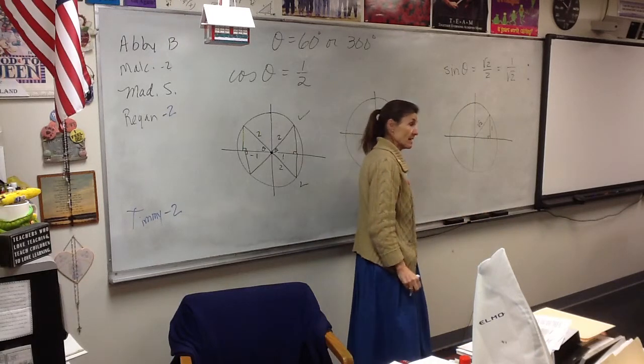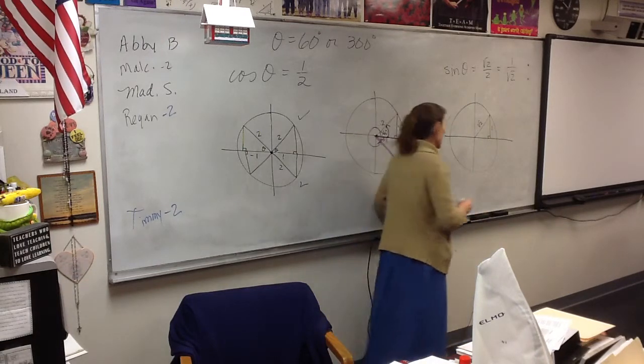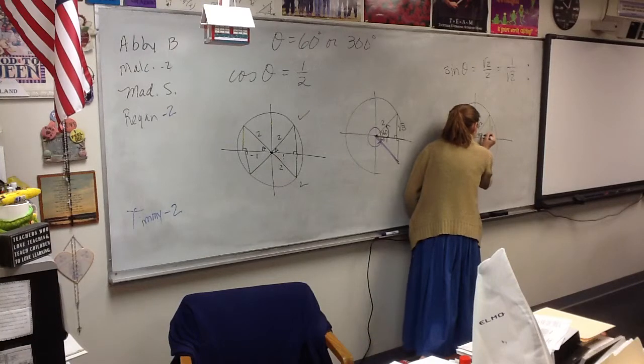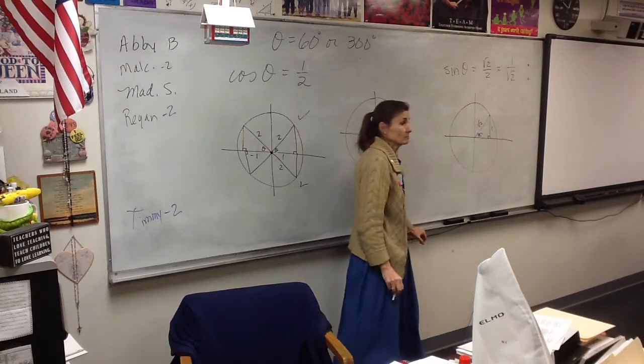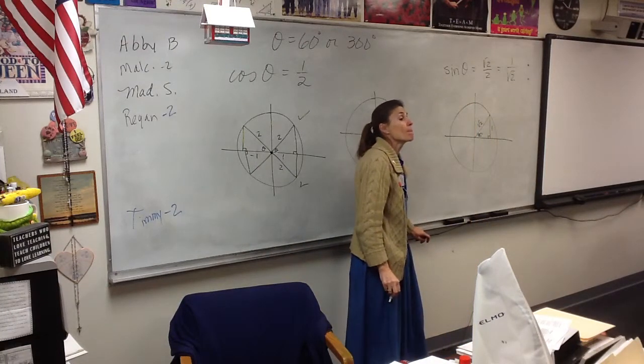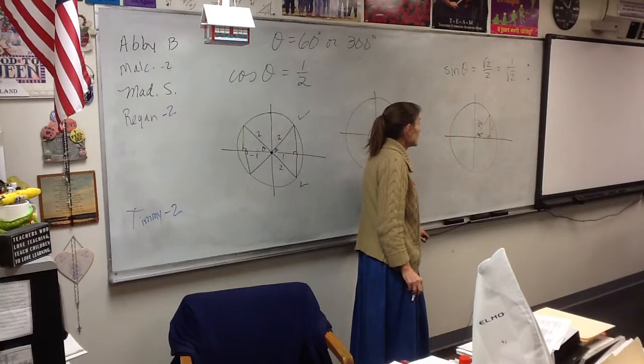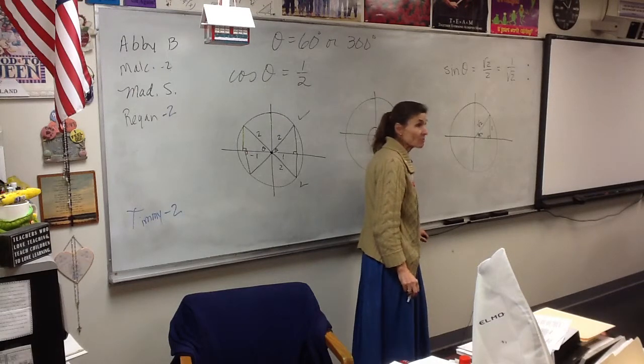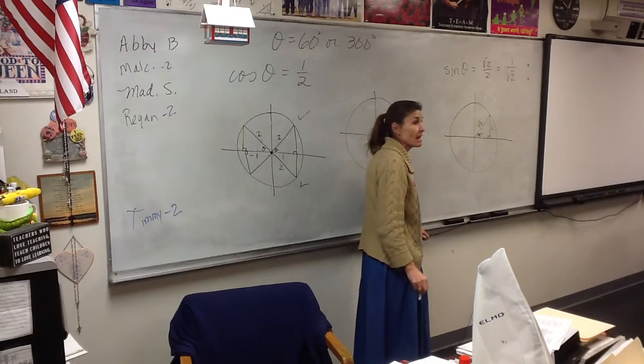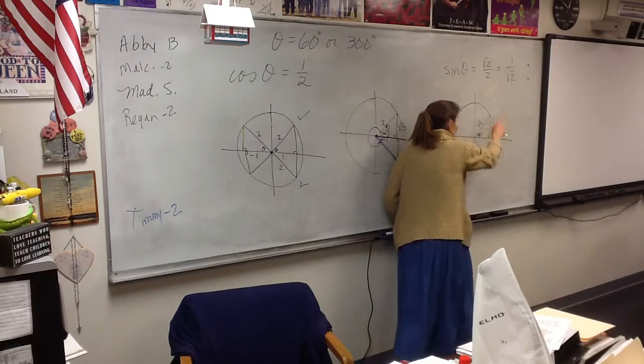Yes, and as Topham said, that's a 45-degree angle. When you're drawing these pictures, does it matter where you put that hypotenuse line, as long as you write that it's 45 degrees? Yeah, as long as you have it in the right quadrant, somewhere in the first quadrant.